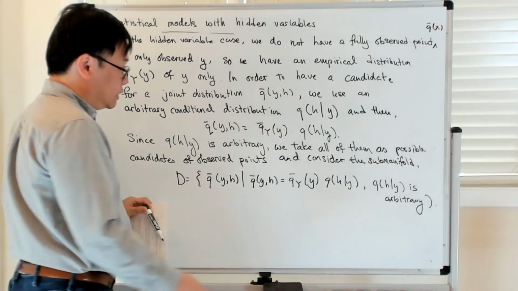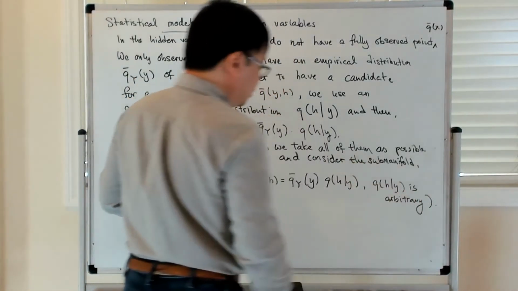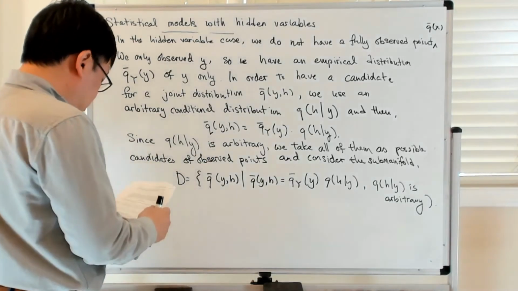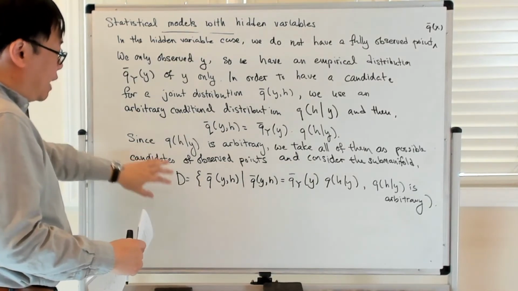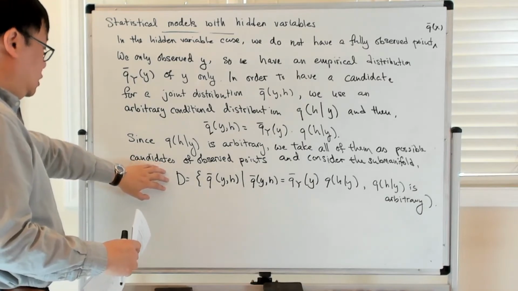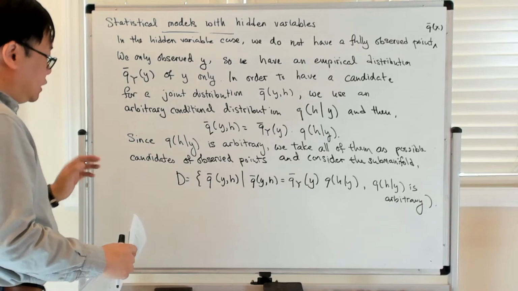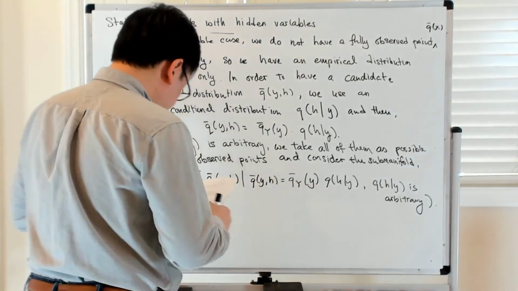The way you do this is by allowing this particular conditional distribution to vary. So that is the submanifold of observations which are compatible with the empirical marginal distribution.